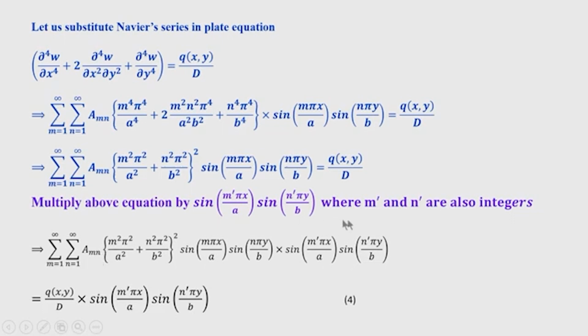Of course, this quantity is under summation, with respect to m as well as n, a double sum. The right hand side is q x y by d, and due to multiplication of both sides, we also write sin m dash pi x by a sin n dash pi y by b in the right hand side.